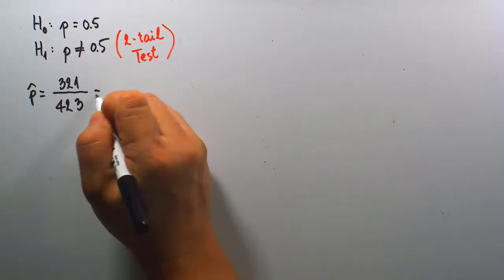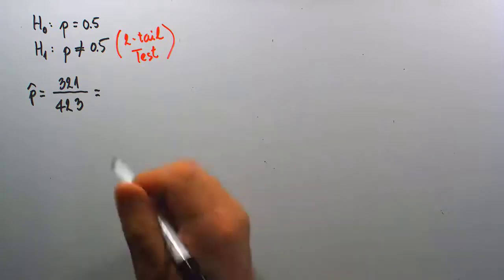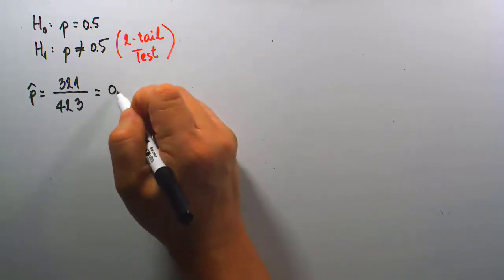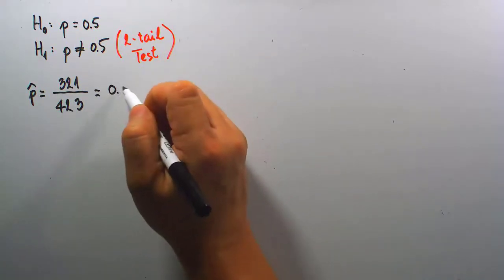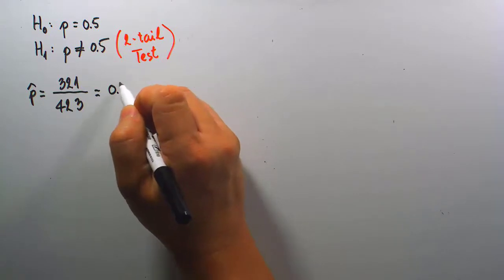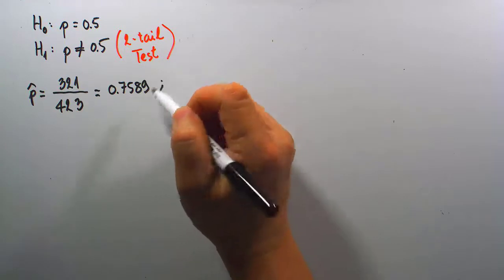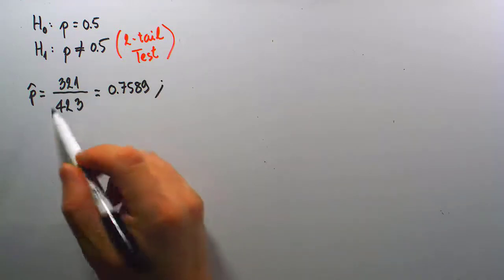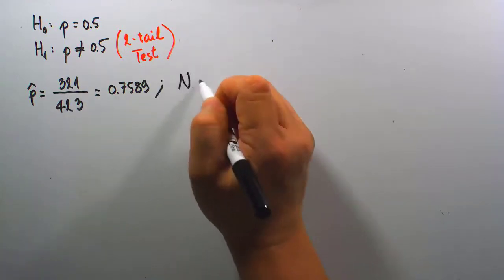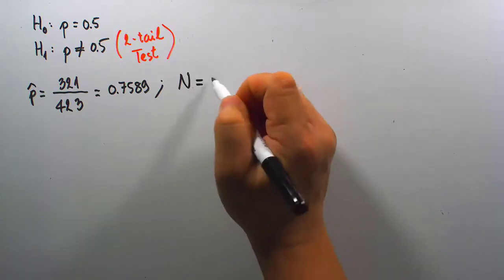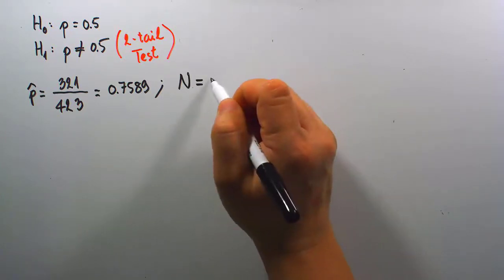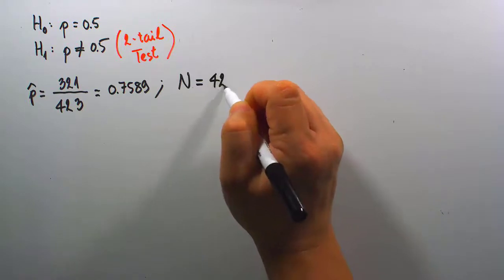And again, in decimal, to 4 decimal places, this sample proportion value is 0.7589. And of course, this value in the denominator here is the sample size that we are currently using. So capital N equals 423.